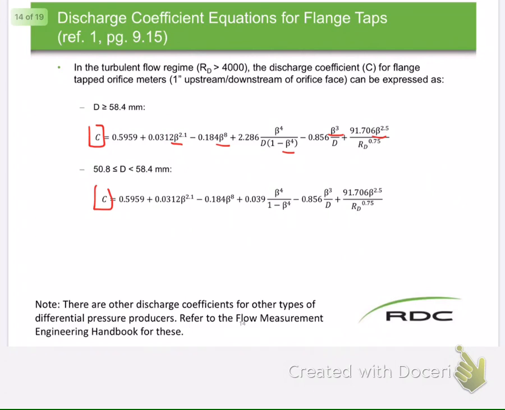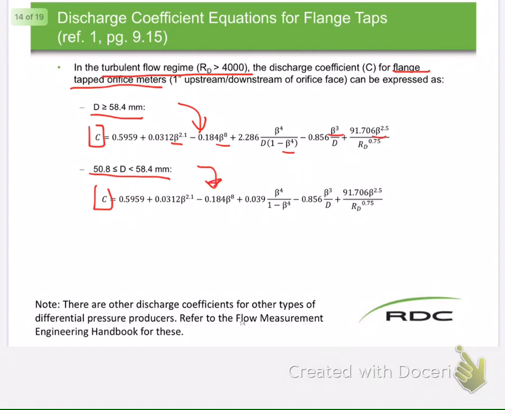So it says up here in the turbulent flow regime, greater than 4,000 for a Reynolds number, the discharge coefficient for flange tapped orifice meter runs can be expressed as, if the inside pipe diameter is greater than 58.4 millimeters, we use this equation. If it's between 50.8, or roughly 2 inches, and less than 58.2 millimeters, then we use this equation.